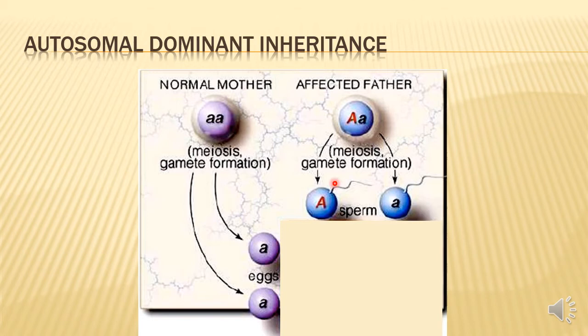So how about this father? This father will make sperms containing either capital A allele or the small a allele. Capital A allele is the mutant allele and the small a allele is the normal allele.